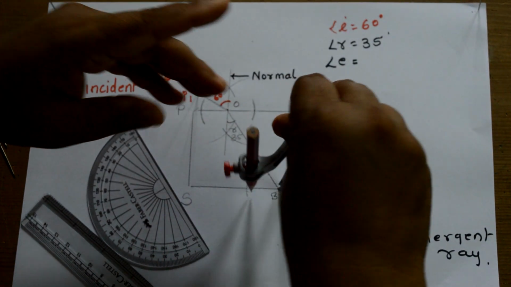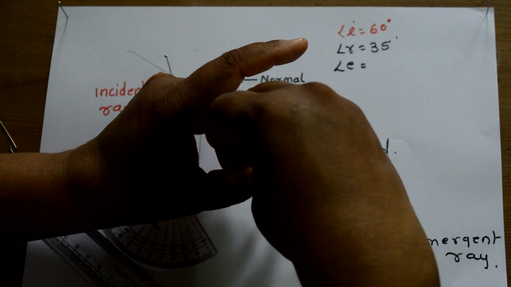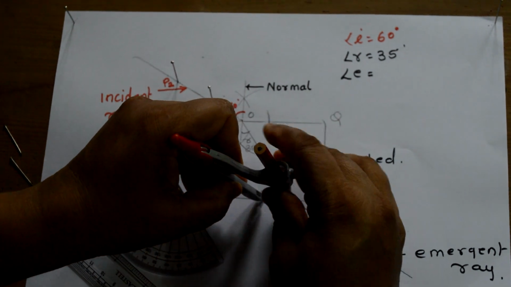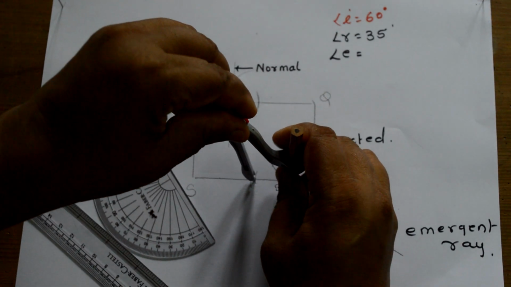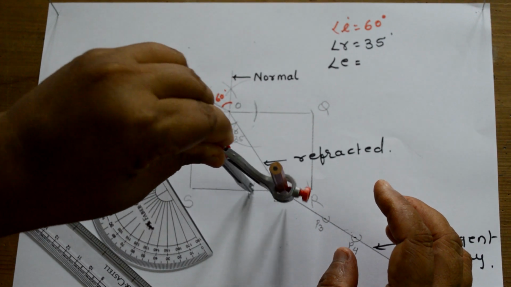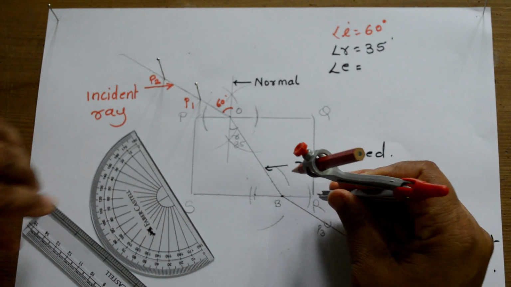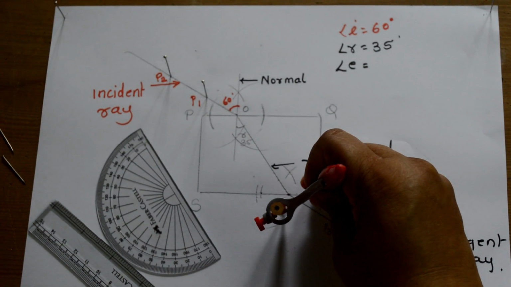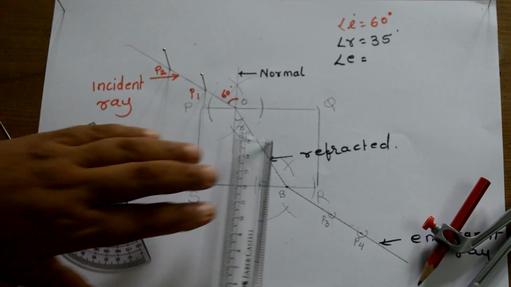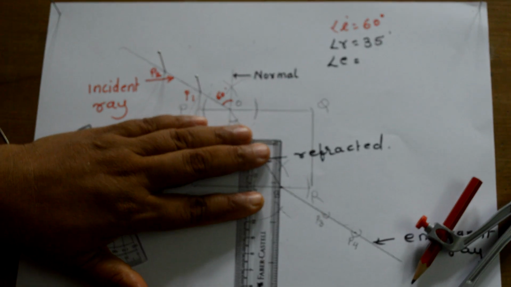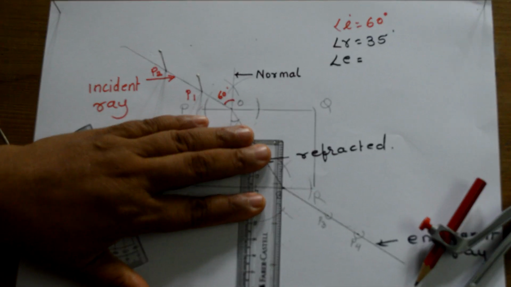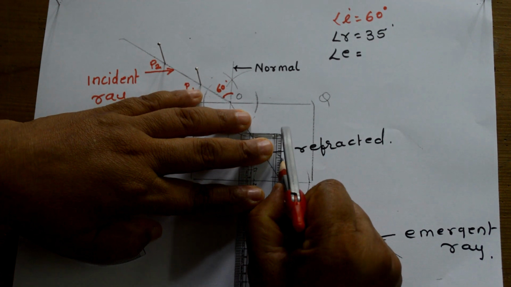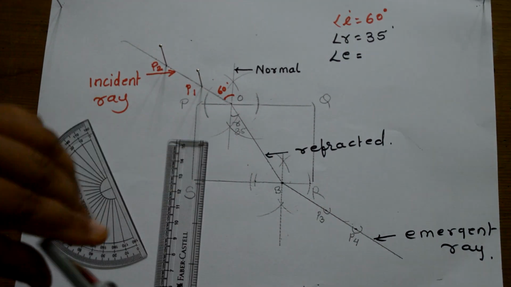Let me take a little smaller arc so that the arc doesn't go out of the line SR. Keep your pointer at one of the points, take more than half, give arc above the line SR, below the line SR, keep the pointer on other arc, give arc above the line SR, below the line SR, and join these two arcs in alignment of point B, and we will see that this is the normal drawn.